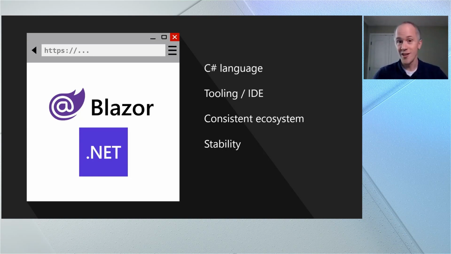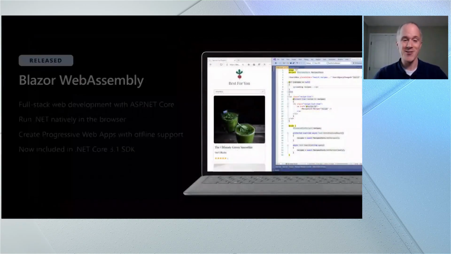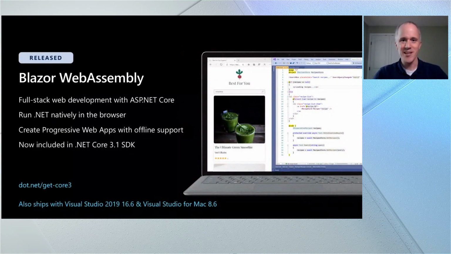Blazor is open source, it's cross-platform, and it runs in any modern web browser on any platform. And today I am thrilled to announce that Blazor WebAssembly is now officially released and ready for production use. Blazor WebAssembly enables you to run .NET code directly in the browser using a WebAssembly-based .NET runtime that you can deploy with your app.